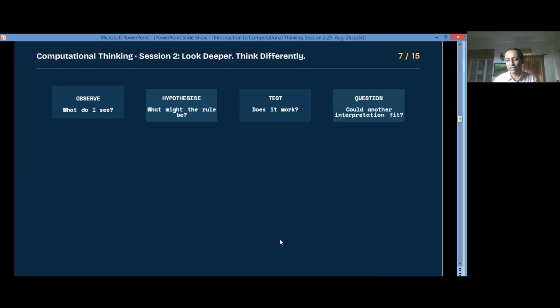Then the next aspect is, as we saw in the previous example, we were able to come up with one hypothesis, one rule, and that rule worked perfectly well. But when we paused, when we thought about it, when we looked into the pattern again, when we thought differently, we were able to come up with another pattern or another approach to the same sequence. So for the same sequence, we were able to identify another rule, and the pattern took a different turn from the middle.